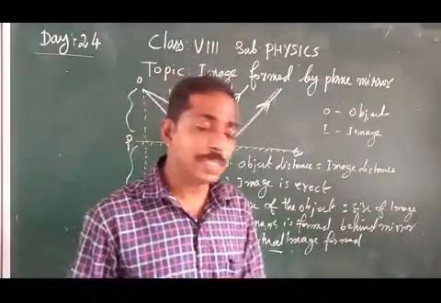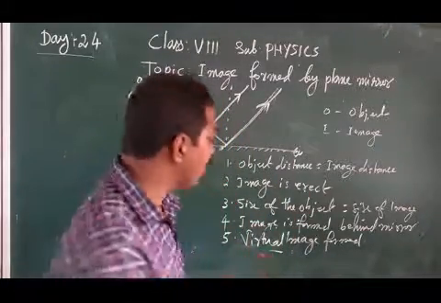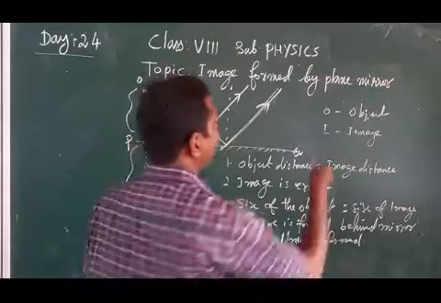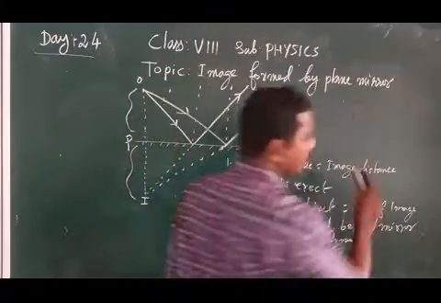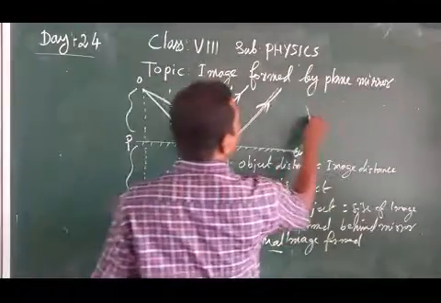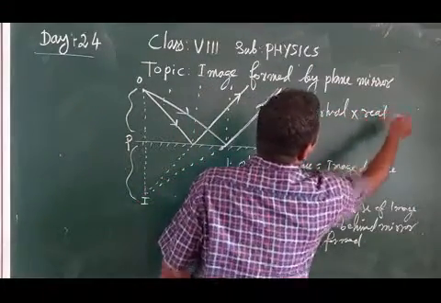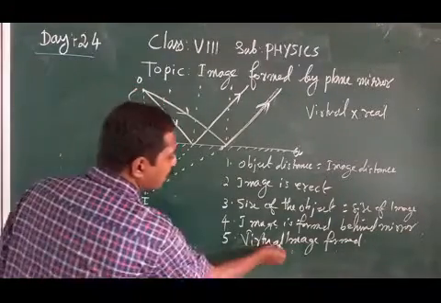An image that could be obtained on a screen is what I said, a real image. But in the case of a plane mirror, the image is virtual only. Virtual is the opposite of real. So what image does a plane mirror form?